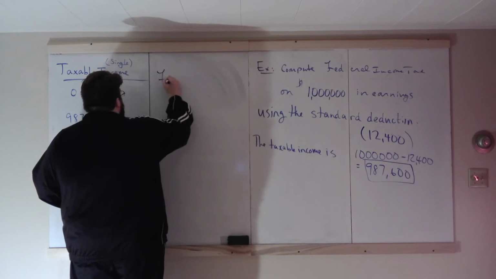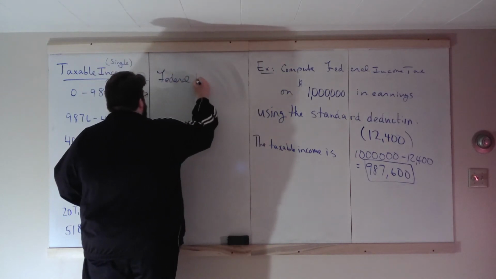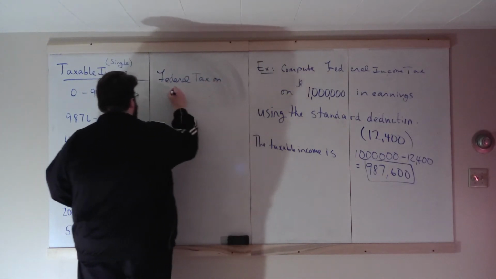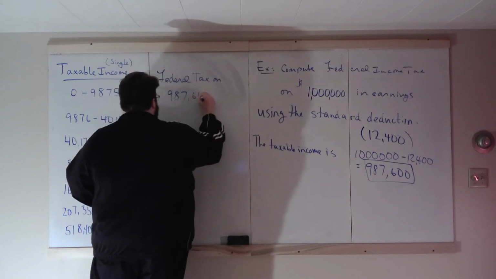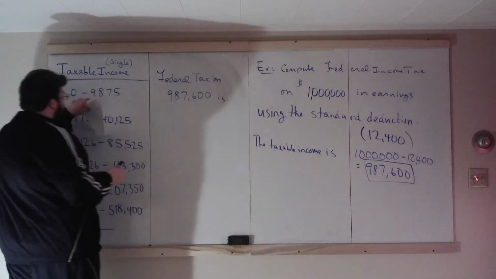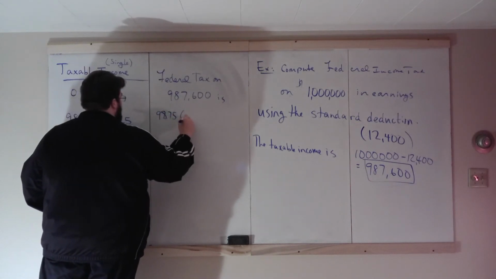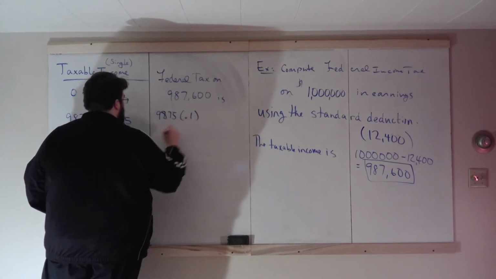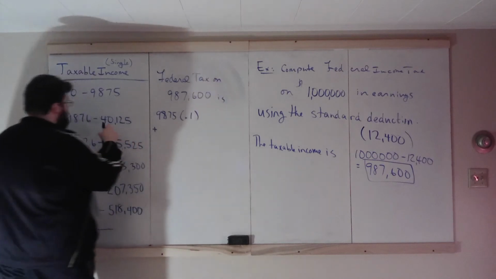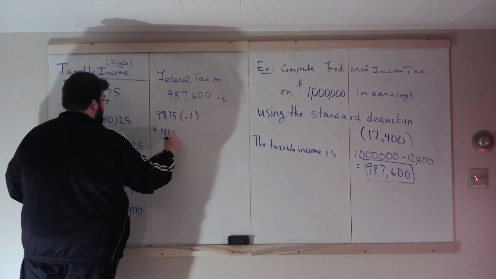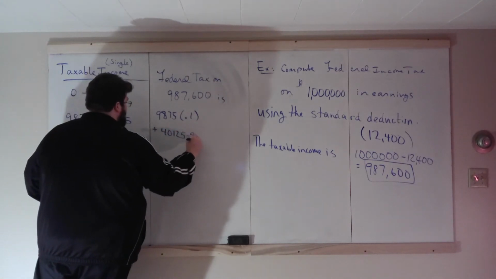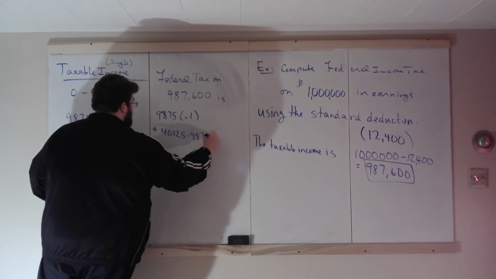So federal tax on 9,876,000 is, well, again, the first 9875 is taxed at 10%. The next 40125 minus 9875 is taxed at 12%.